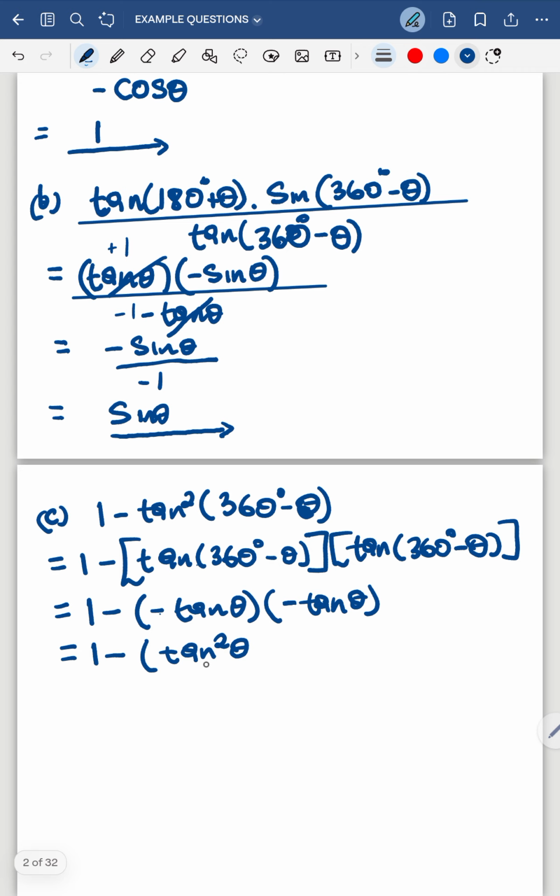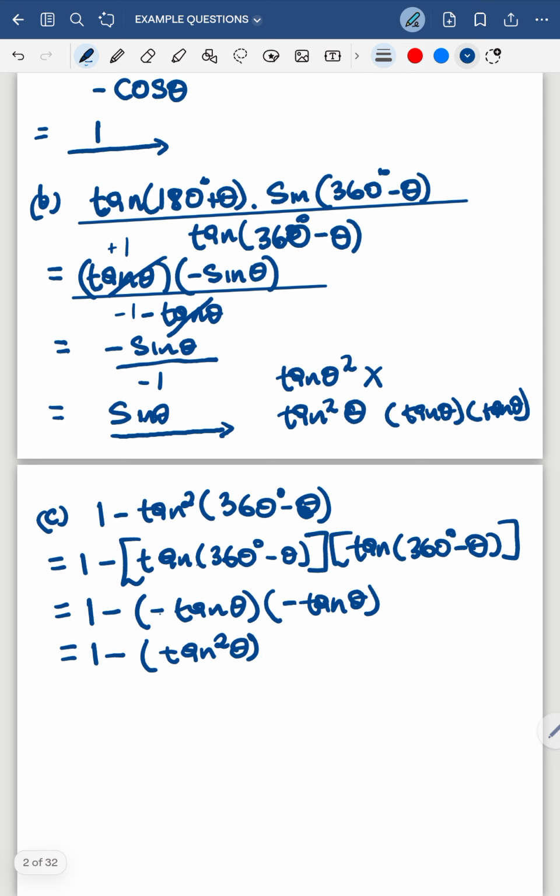You don't write tangent, then square the angle. So you don't write this. This is not allowed. You write like this, then you write theta, okay? It means this is expanded, but we don't square the angle. We don't do that.